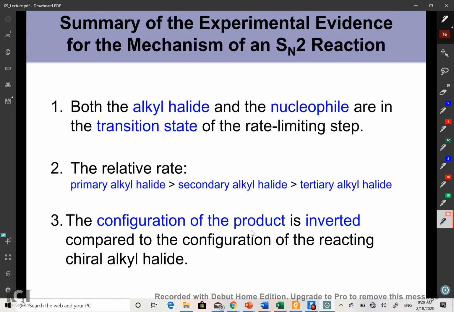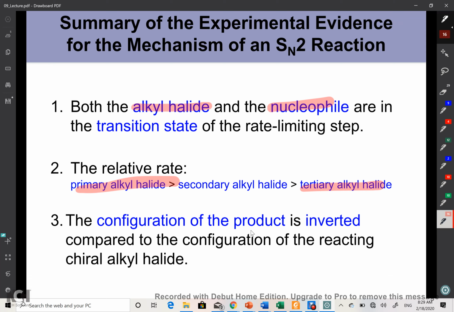Now, we know that the transition state for our mechanism will involve the alkyl halide and the nucleophile. Both of them will be present at the transition state. That's why it is called an SN2. Then we know that a primary alkyl halide reacts faster than a tertiary alkyl halide following the SN2 mechanism.